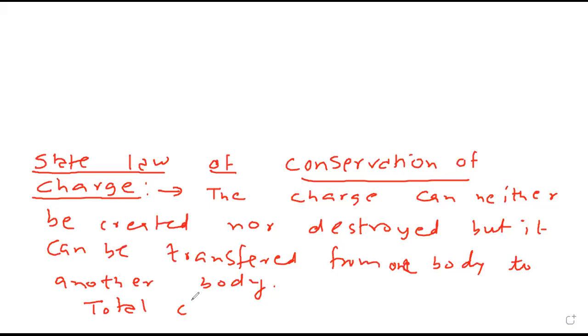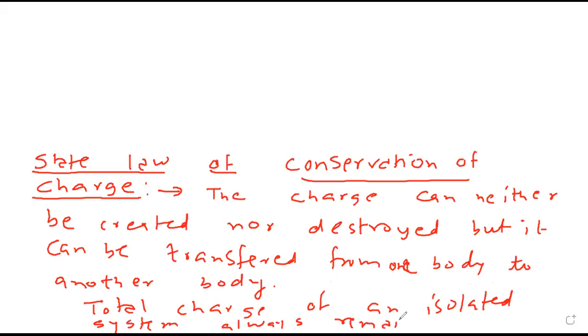Total charge of an isolated system always remains constant. Isolated means an individual system always remains constant.